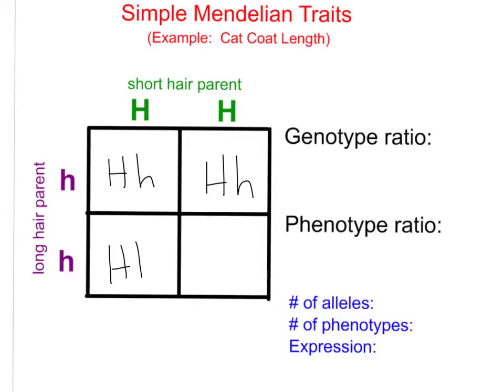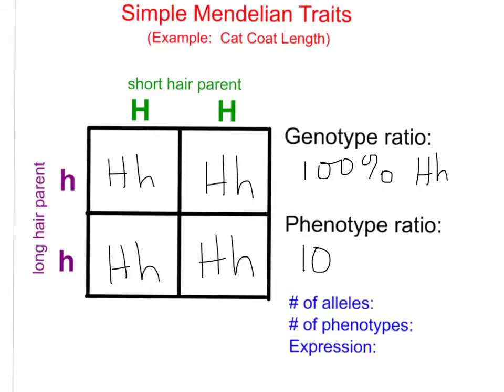We end up getting, surprise, surprise, all heterozygous offspring. All of them are heterozygous for the genotype. The phenotype, they're going to be, again, 100% short hair because they all possess that dominant short-haired allele in them.